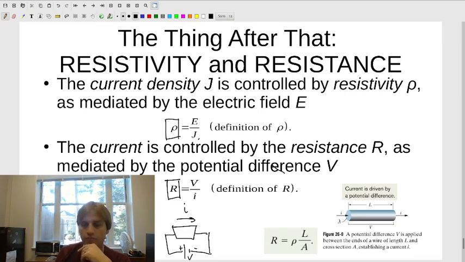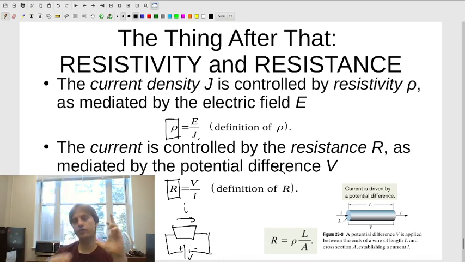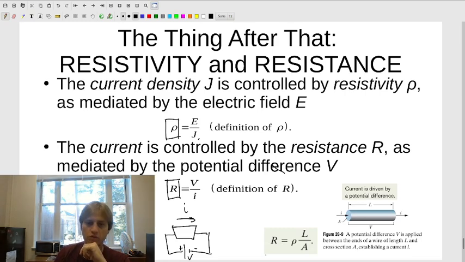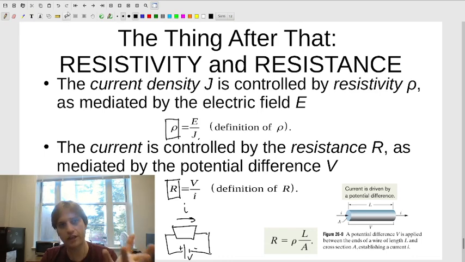And if you have a bigger cross-sectional surface area, that gives more paths for the electrons to get through. So if you have a bigger area, the resistance goes down. Okay, so that's where we're going with this next week. We're going to add in resistors, and we're going to start talking about current, the amount of charge that's flowing around in your circuit per second.